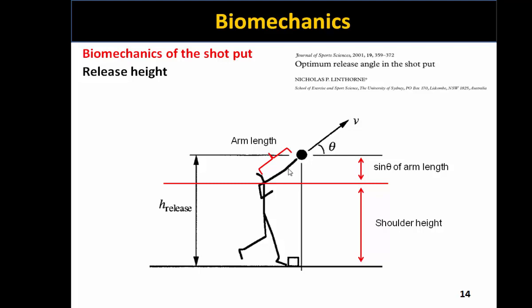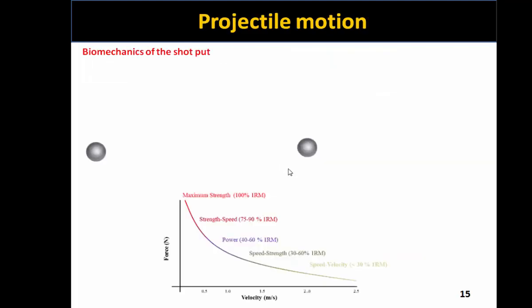And so the other important characteristic here in determining the performance of how far the shot travels is, of course, that release height.